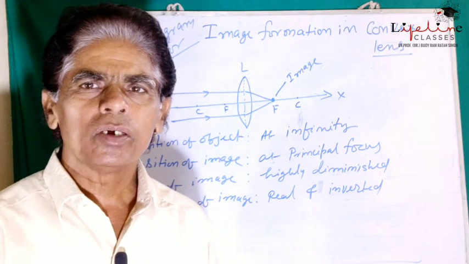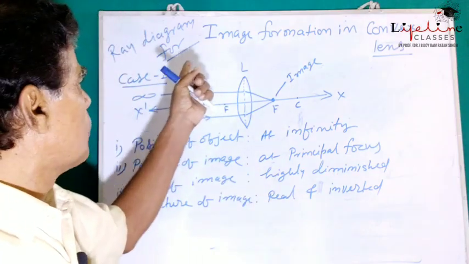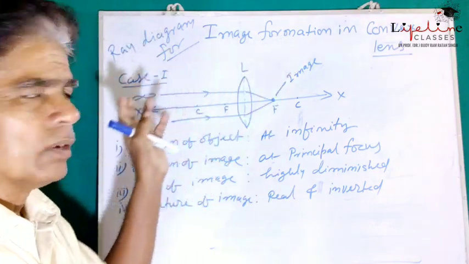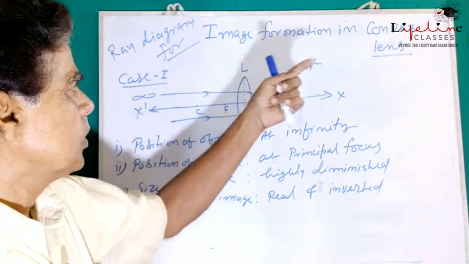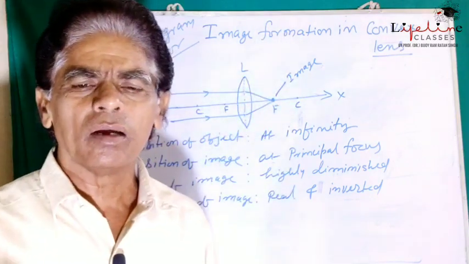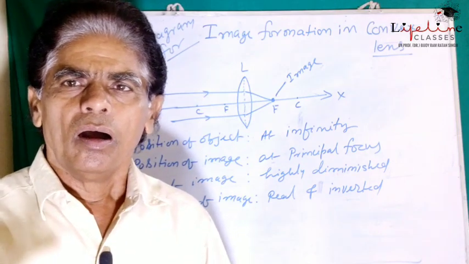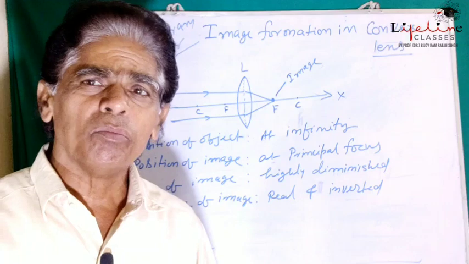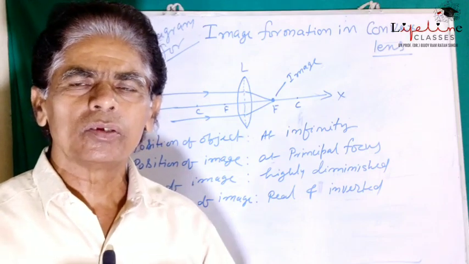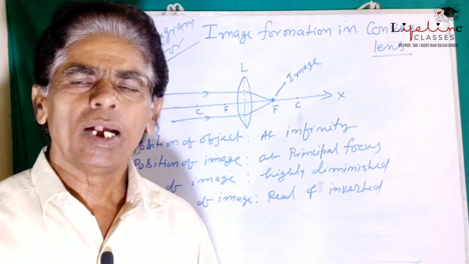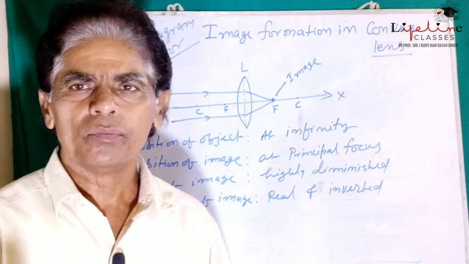Here we are interested to study the image formation in convex lens. The image formed by a convex lens is similar to that of the image formed by a concave mirror.